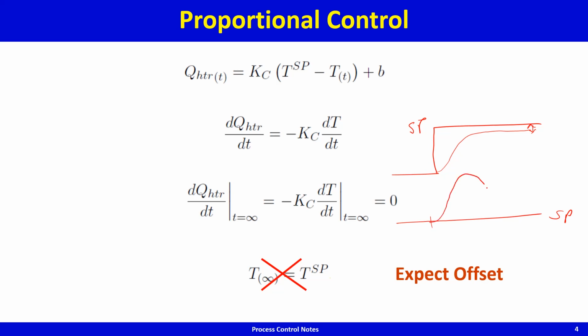The control action will cause it to come back, but there will always be some offset. It does not return back to set point. This is what you expect with proportional control, because the control algorithm does not explicitly impose the condition that temperature at final steady state must be equal to the set point. This condition is not being imposed by the control algorithm.